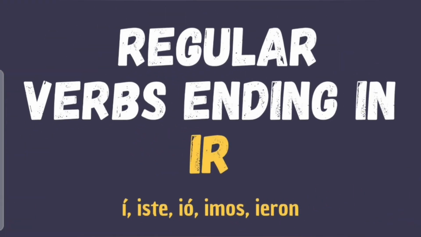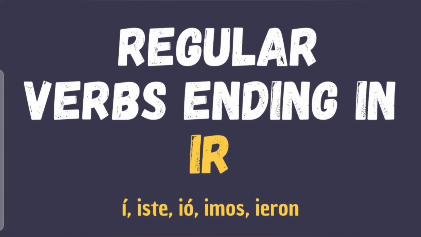Alright, so now let's see regular verbs ending in IR. Ir in Spanish, okay? If you're having these regular verbs, then the ending of your verbs in the indefinite past, if you're talking about the personal pronoun yo, I, has to end with é, with an accent.